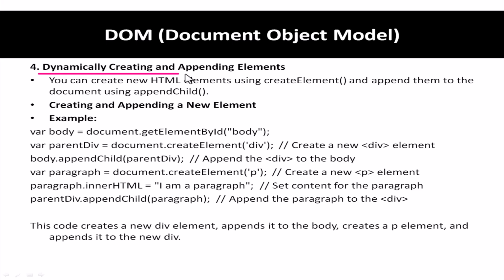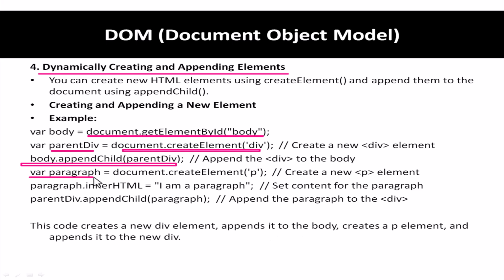Here we are using dynamically creating and appending elements. How are we going to dynamically append the elements? Here we are using a body variable, body getElementById body. Whatever tags are there inside the body element will be taken. Now here we are using a parent division tag, document.createElement division tag. We are going to append the parent division tag to the body.